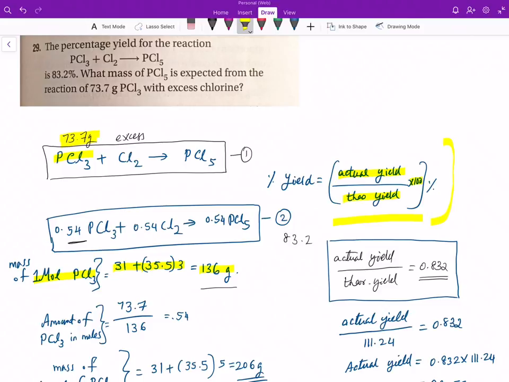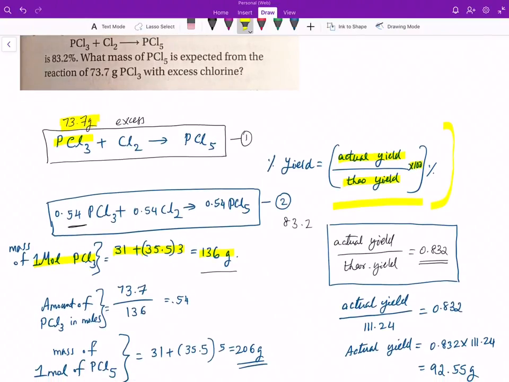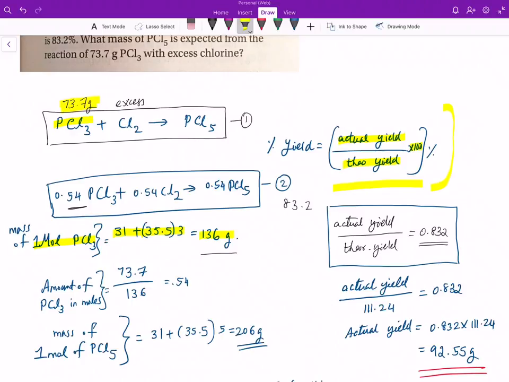Okay. Alright, so now we need to convert 136 grams to mole. How many moles is 136 grams? That is the question. That is easy to calculate, right?